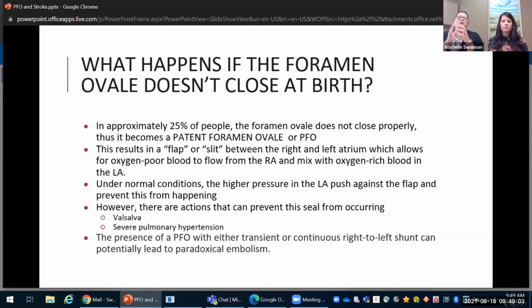So when your foramen ovale seals, it's sealed with a thin covering, and it normally seals all the way around so that no blood can pass through. But in a PFO, or patent foramen ovale, that flap or slit does not seal all the way around. And so that can allow that oxygen poor blood to flow from the right atrium and mix with the oxygen rich blood in the left atrium.